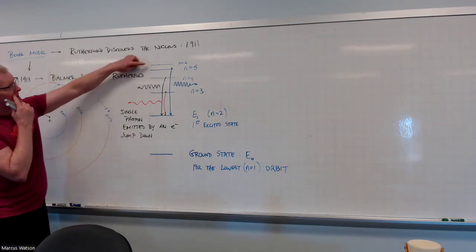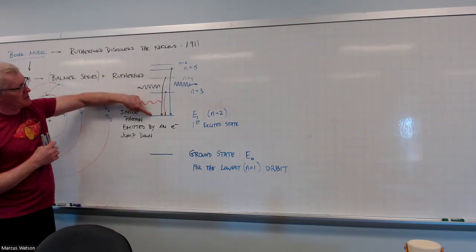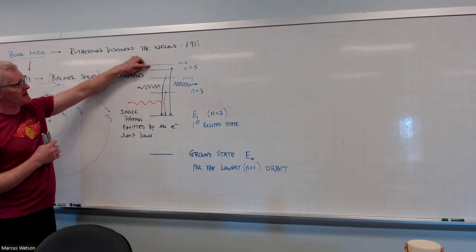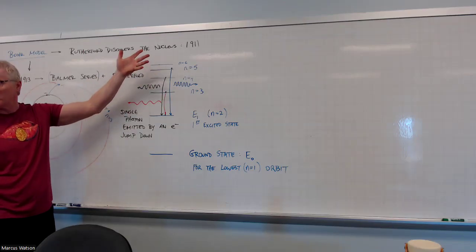Now, that's not to say that an electron from 6 going to 2 couldn't also have gone 6 to 4 to 3 to 2. Sure, but every time it does that, it emits a photon.